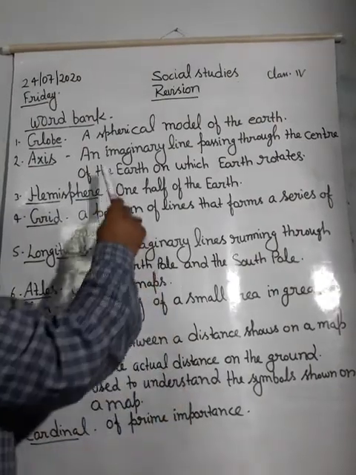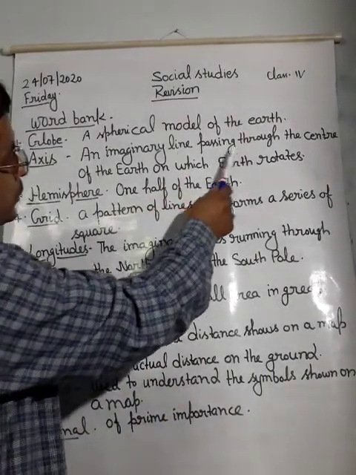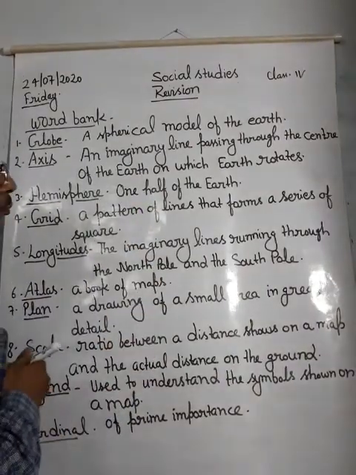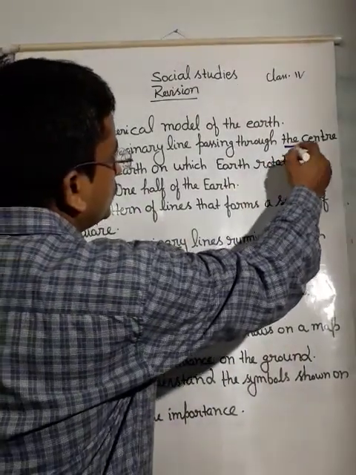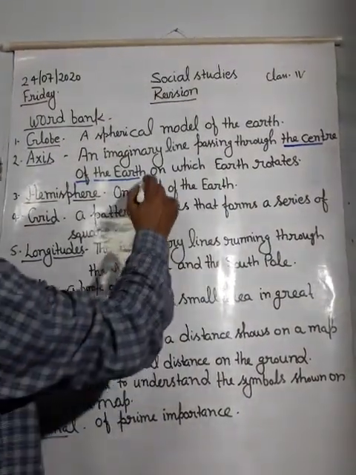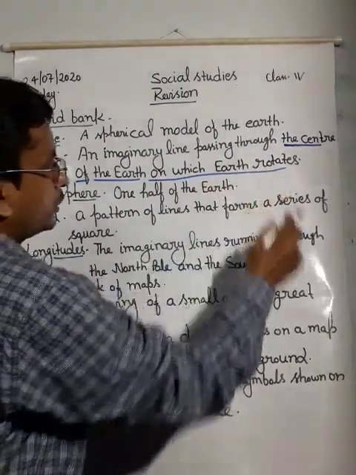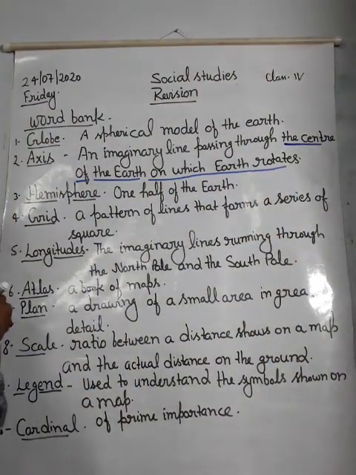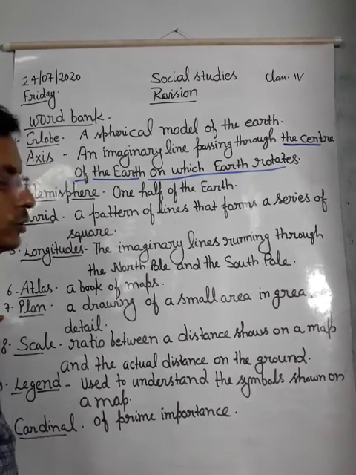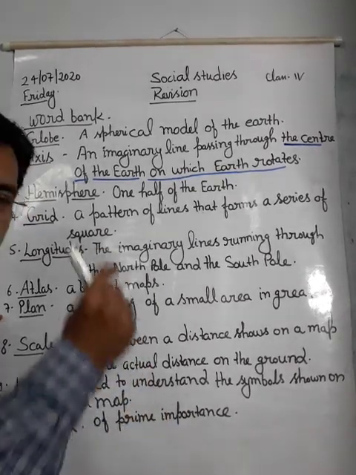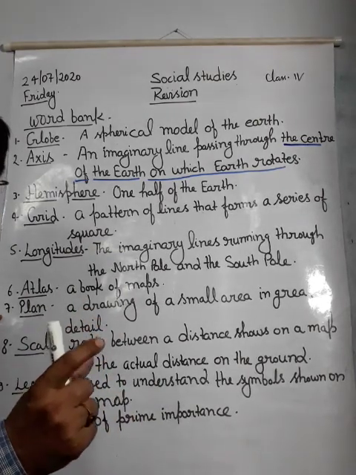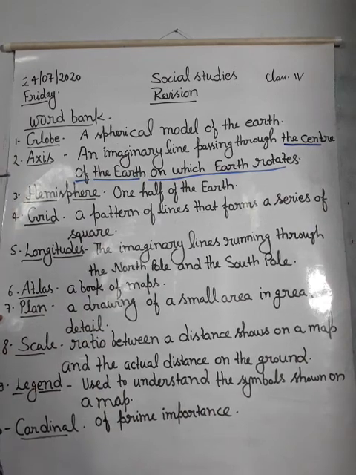Yes students, an imaginary line passing through the center of the earth, on which the earth rotates. The base and the rod, you can say, that we use in a globe is called axis.